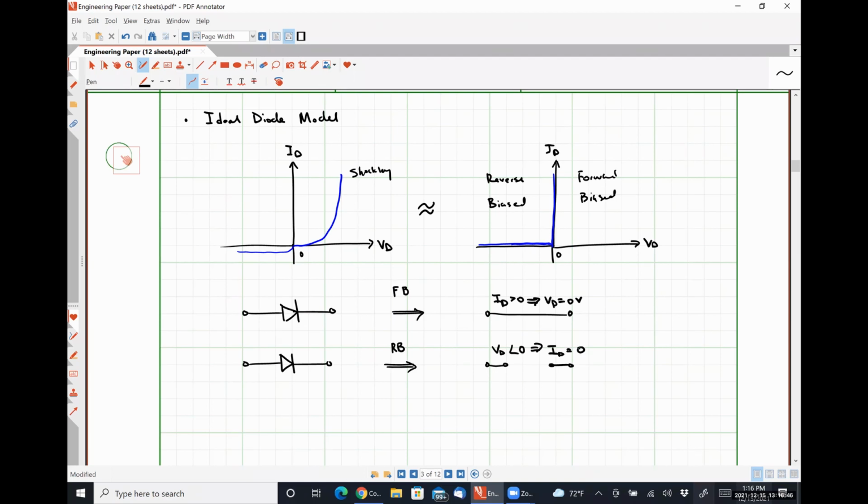And we use this approximation because if our reverse bias voltage is a small multiple of our thermal voltage, our current should saturate very quickly to effectively just IS, which is going to be very, very small for most applications, near 0. So we're just going to say it's 0.